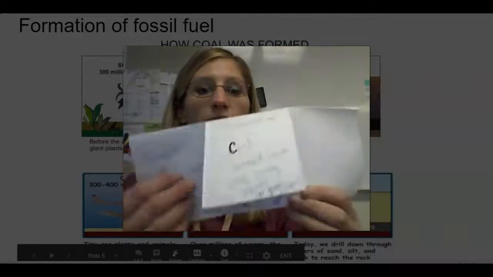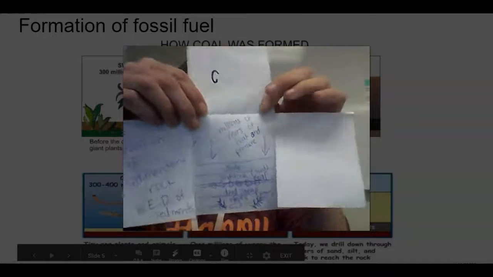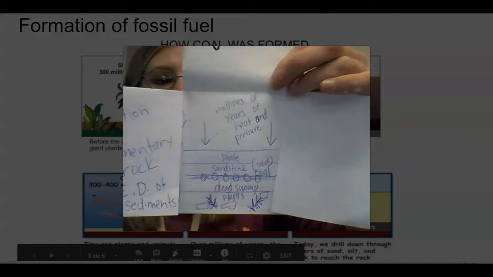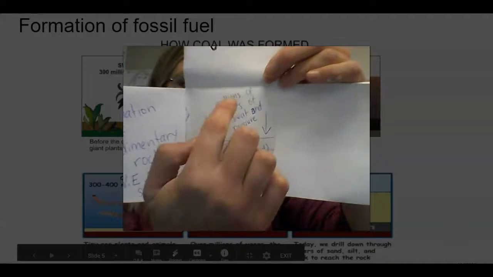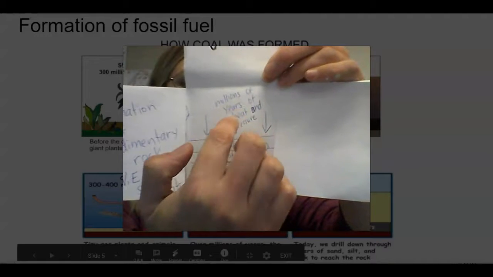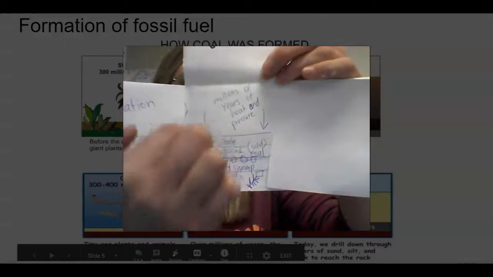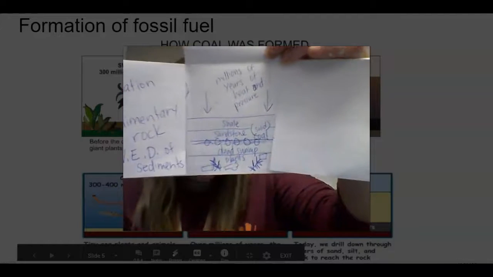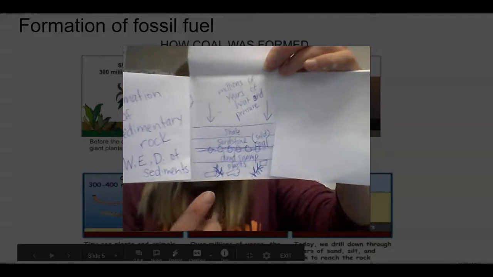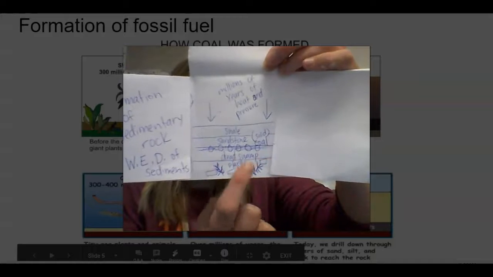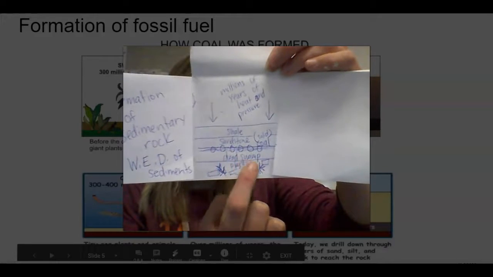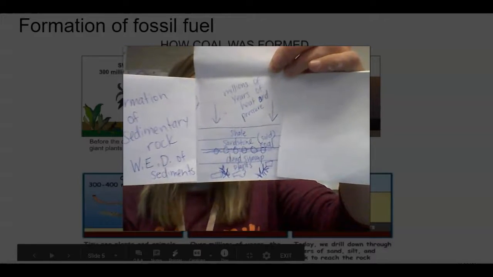Okay, now I'm going to open it up. And then it says millions of years of heat and pressure pushing down in order to form the coal. So on the bottom, again, we had the dead swamp plants. That's our organic matter.